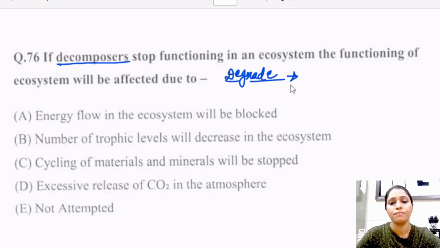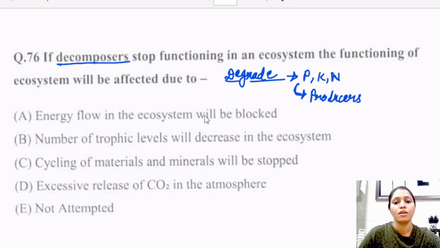Due to this degradation, they release some nutrients like phosphorus, potassium, and nitrogen. And these decomposers also help make these nutrients available to the plants or producers. So ultimately, they play a vital role in the cycling of materials as well as minerals or nutrients. So option C is the correct answer.